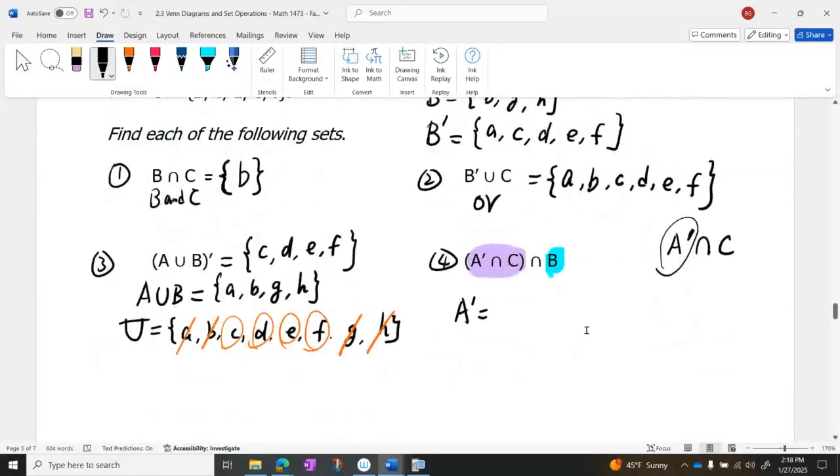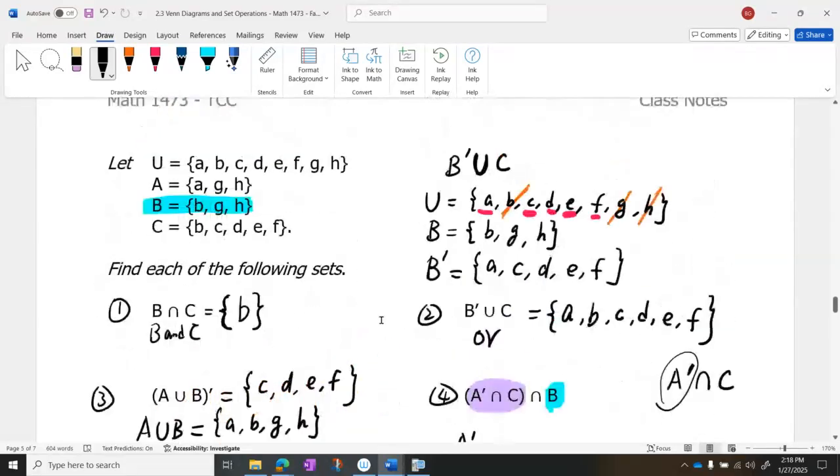To find A prime, I would again spend time to write down the universal set: A, B, C, D, E, F, G, H. It doesn't take me a lot of time, maybe just a few seconds, right? And also write down my set A. It is given.